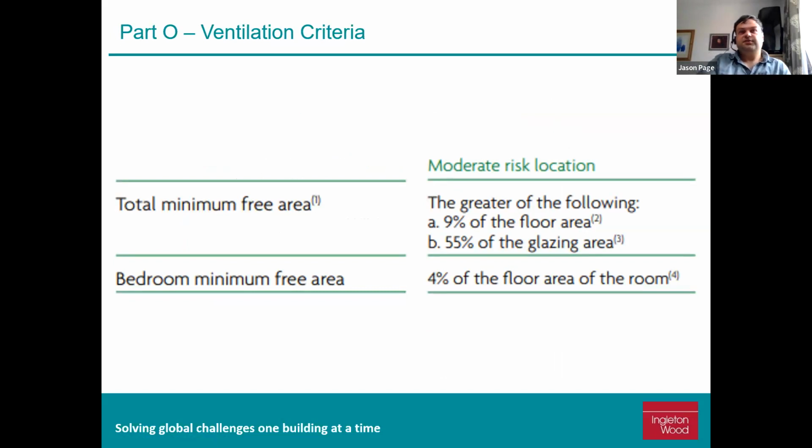The first is the free area, that's the size of openings that air can move freely through, as a percentage of either the floor area or the glazing area, whichever is greatest. This is essentially a daytime criteria. So in real terms, it's saying if it's hot, we are throwing all our windows and doors open and seeing how much air we can get out of the house.